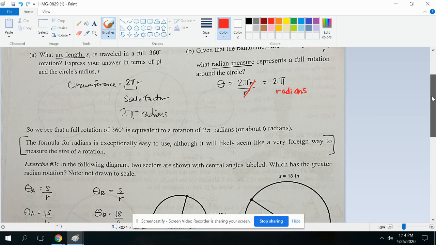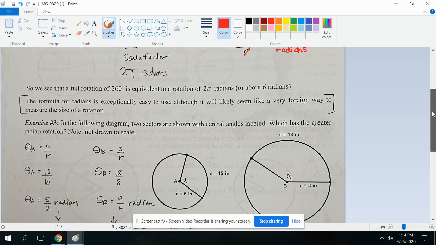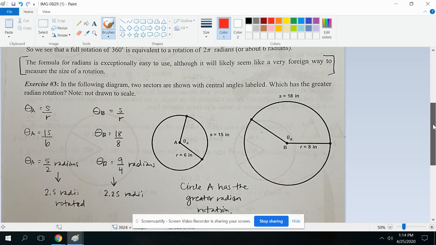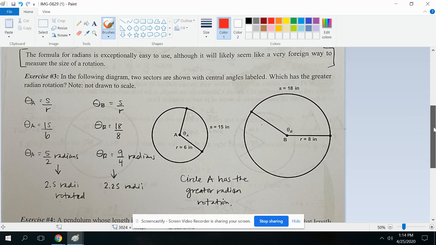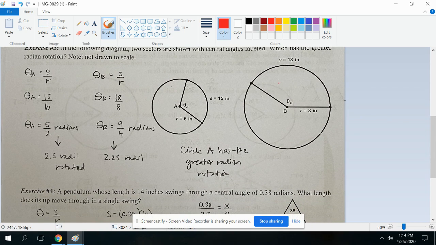So looking down here, and again, please read through that information on your own. Two circles, not talking about degree measure, kind of threw it out the window for a second. We want to know radians, and I hope this makes sense. I'm going to try to draw things out for you too for the visual. Using this formula, the central angle in radians would be the arc length of 15 divided by the radius of 6.